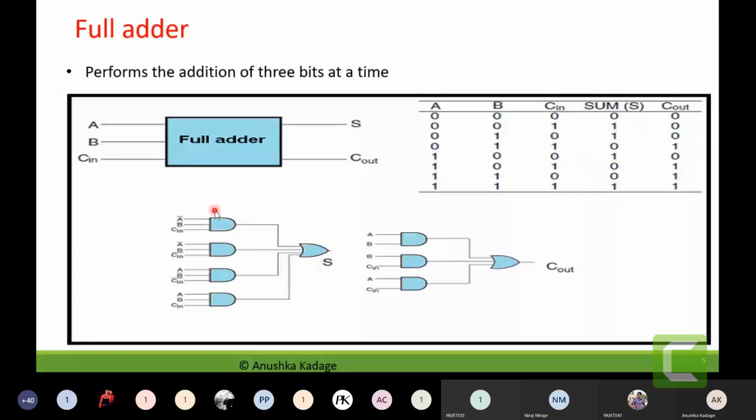These four variables we have obtained already, from this one output representation in the truth table itself. In the same way, for the Cout also you can do it, and you can use Boolean algebra for the simplification instead of the K-map. So this is the implementation of the full adder.